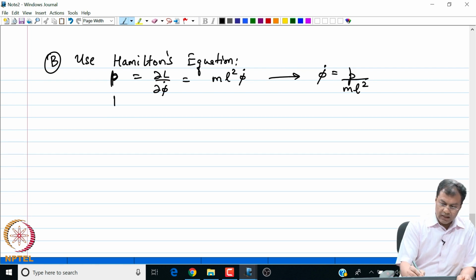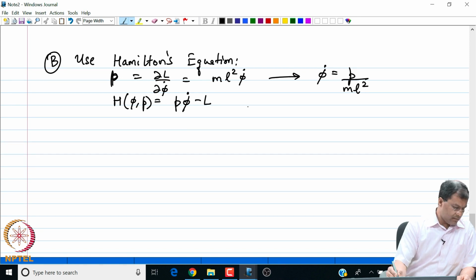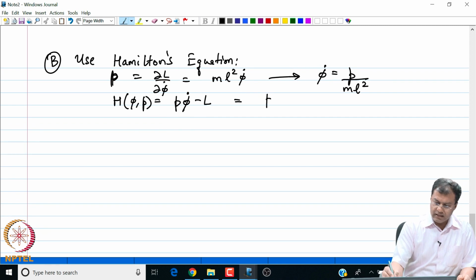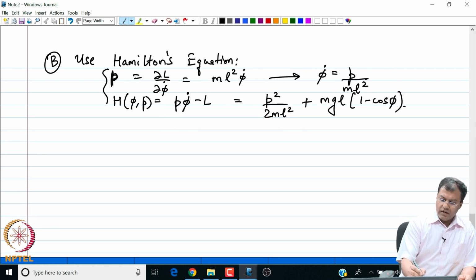Secondly, my Hamiltonian H of phi comma P comes out to be P phi dot minus L, and I can plug in the value of the Lagrangian. I see that this is equal to P square by 2 m L square minus the Lagrangian, which after all the simplification we get the following.